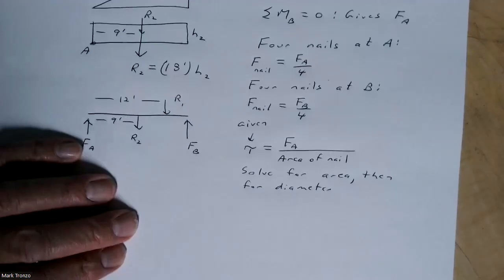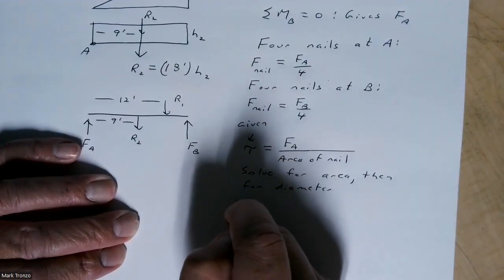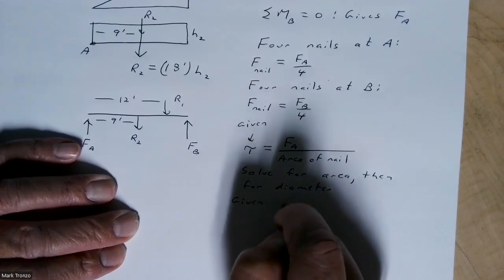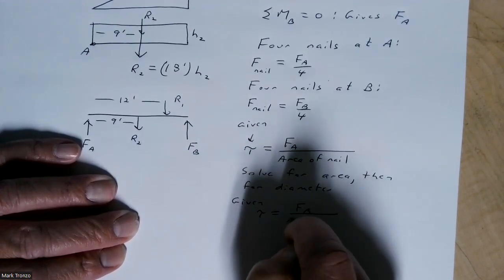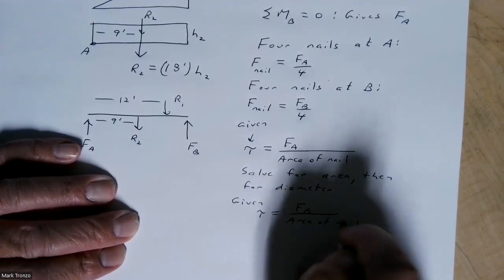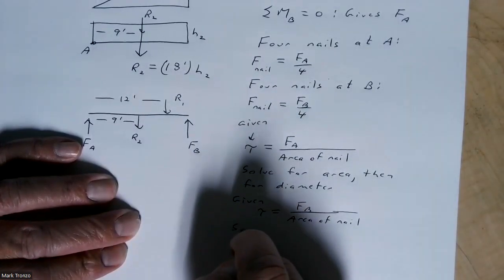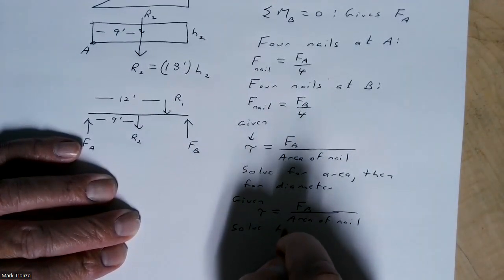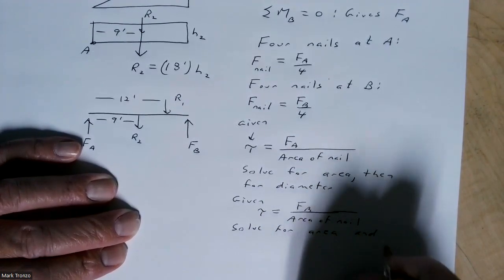Same thing for FB: area of the nail, and then you can solve for area and the diameter.